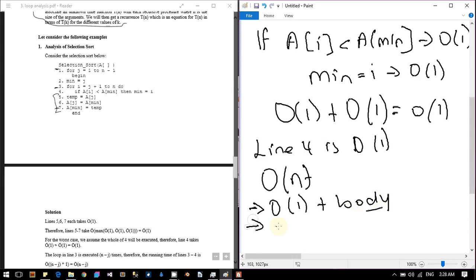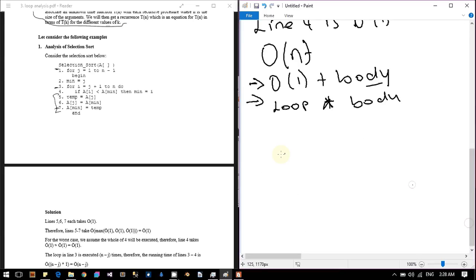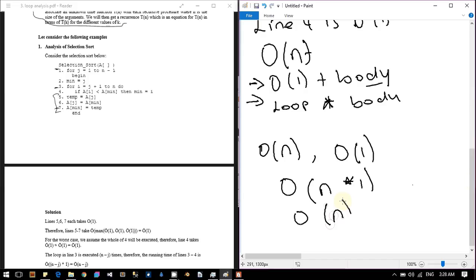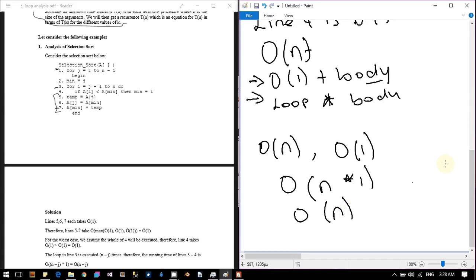For a loop, you add the cost of evaluating the loop times what is in the body. So in line 3, the loop is of order n. The body was line 4, which we've already established to be order 1. So it's going to be order n times order 1. And what would that give you? Order n. So line 3 is of order n.